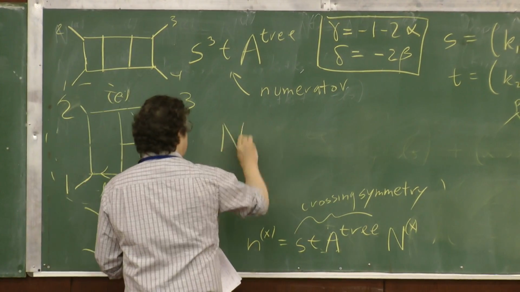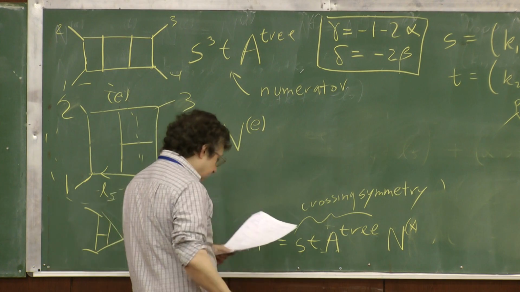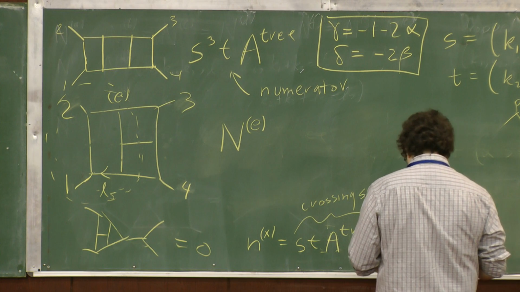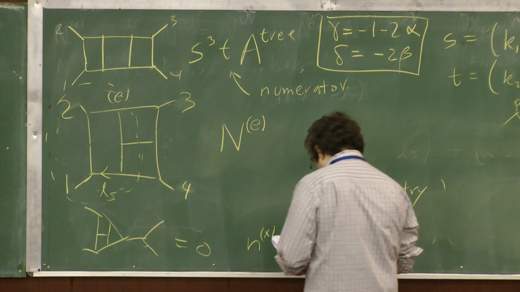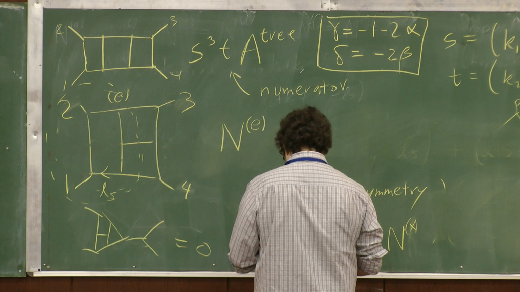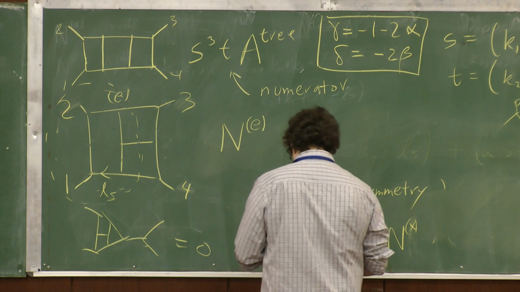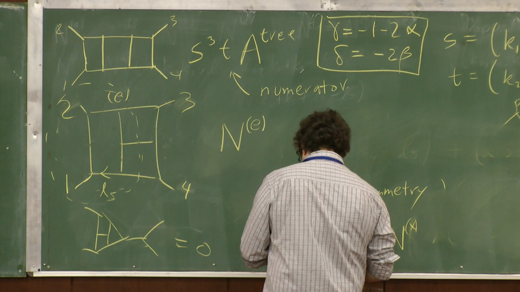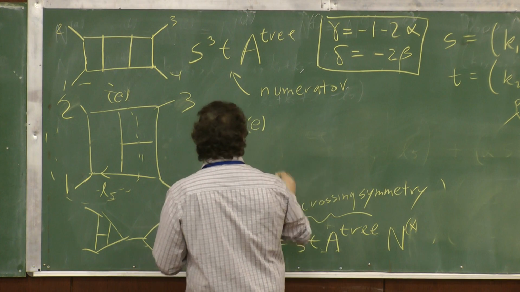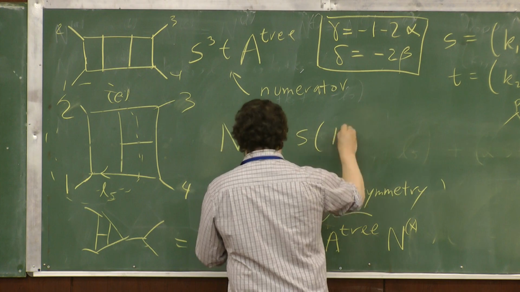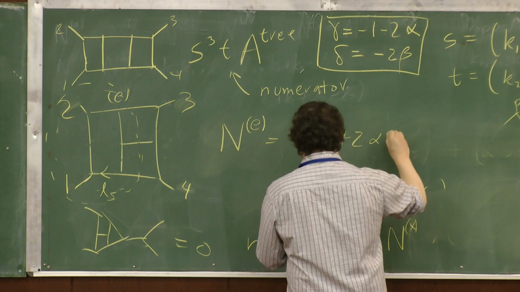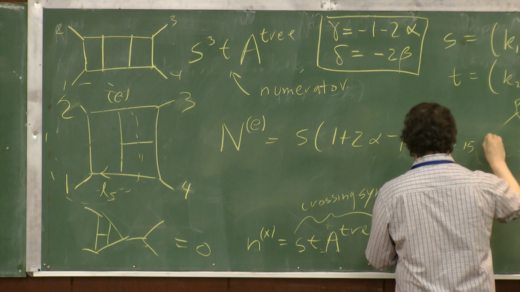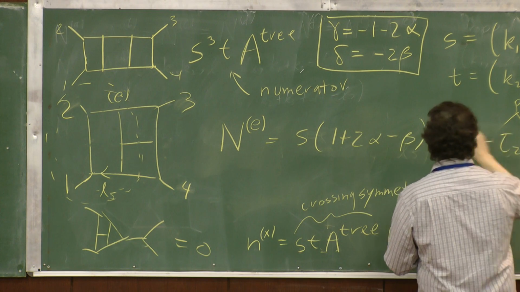So the numerator E, remember that's our master that determines everybody. He's going to be equal to s, and then 1 plus 2 alpha minus beta. And then I'll define tau in just a second. Tau 1,5 minus tau 2,5.